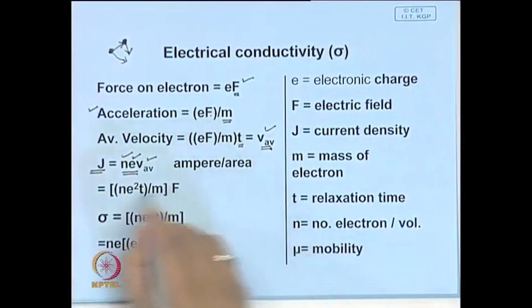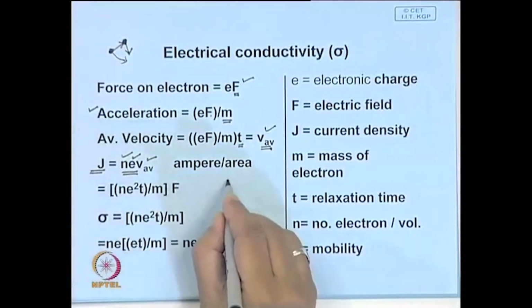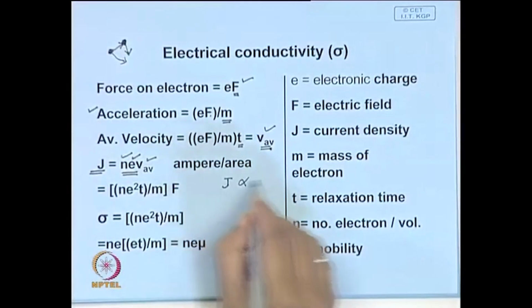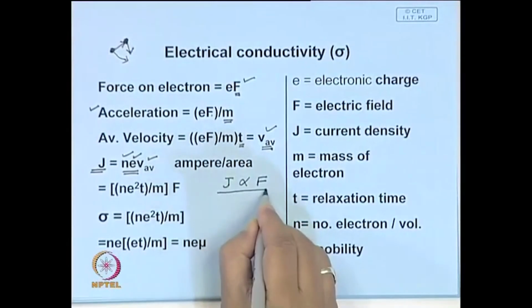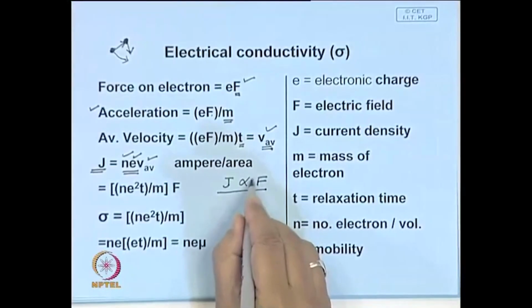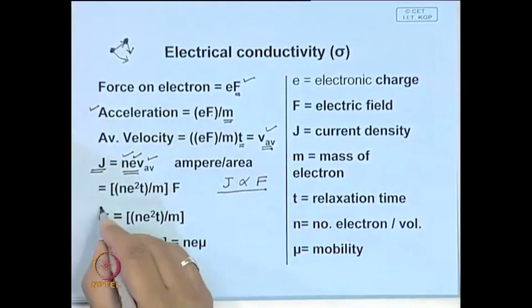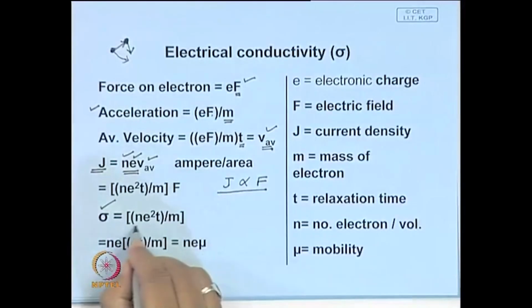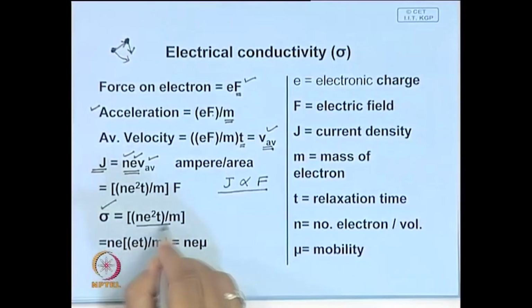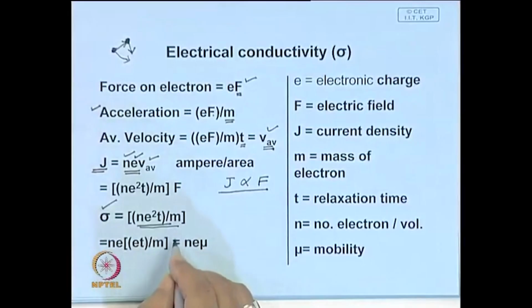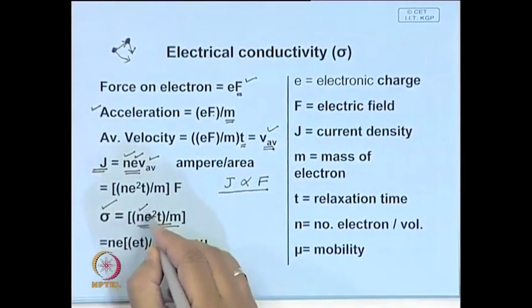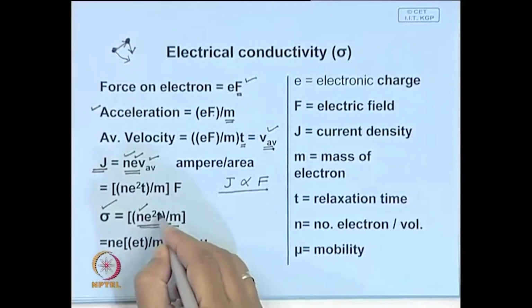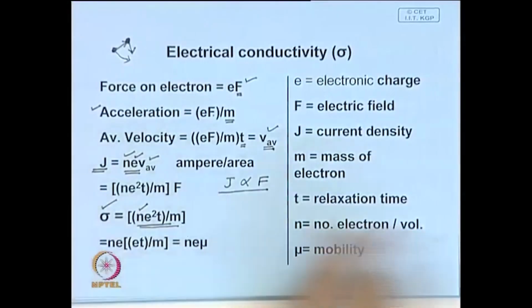Now, this expression says that J is proportional to the electrical field. This is one way of specifying Ohm's law, and that constant of proportionality is sigma, which is known as conductivity. So, this is the expression for conductivity. It depends primarily on the number of charge carriers, the charge e which is constant, and the relaxation time t.